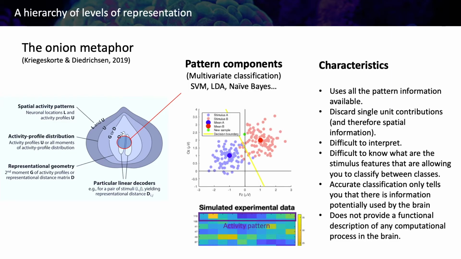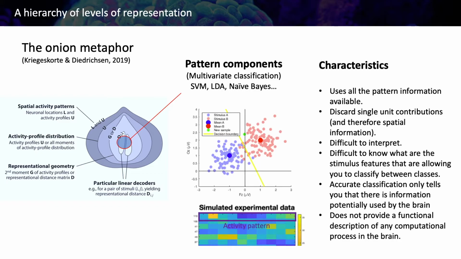Some characteristics of these pattern component techniques of analysis is that they use all the information that is available. So if two classes are different, not because the representation is different, but maybe because the level of attention is different, or because you moved the head in a different way in one condition than the other, the classifier will take all the information available and try to maximize the distance.